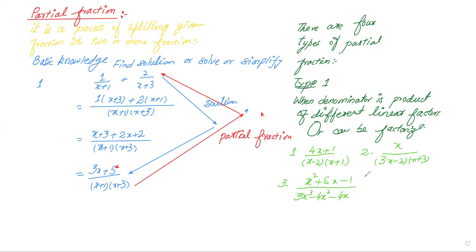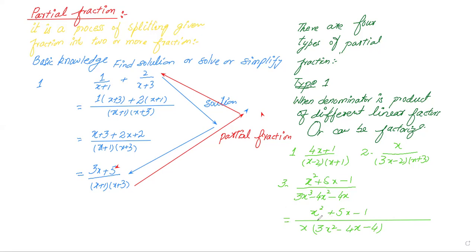In the third example, the factors are not given in the denominator, but it can be factorized. If I factorize this, x is taken as common, then we have 3x squared minus 4x minus 4.